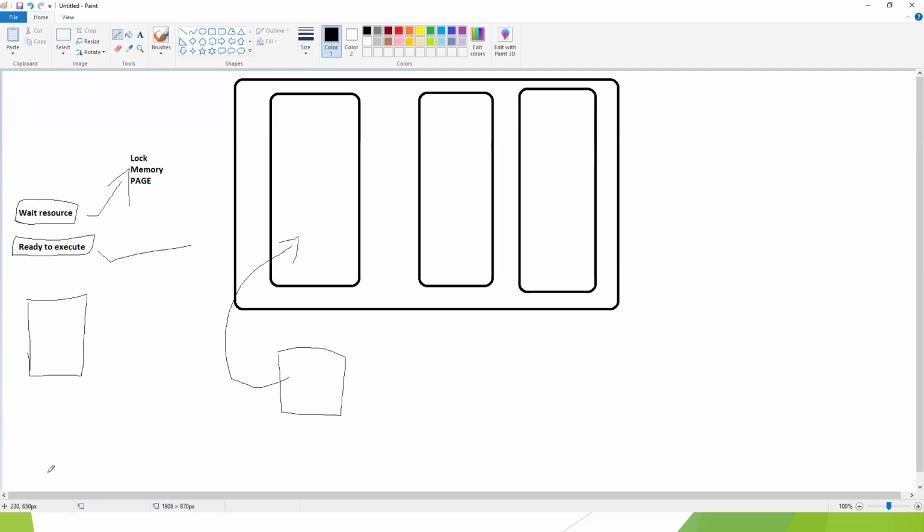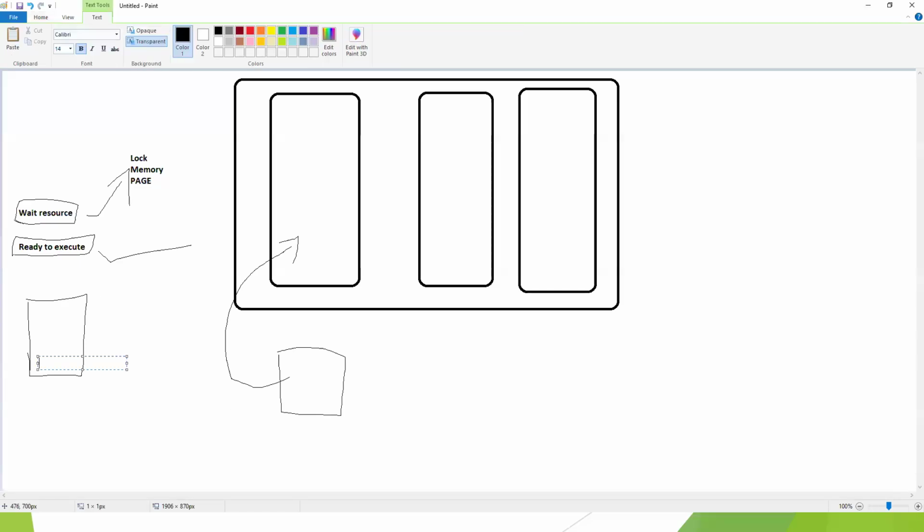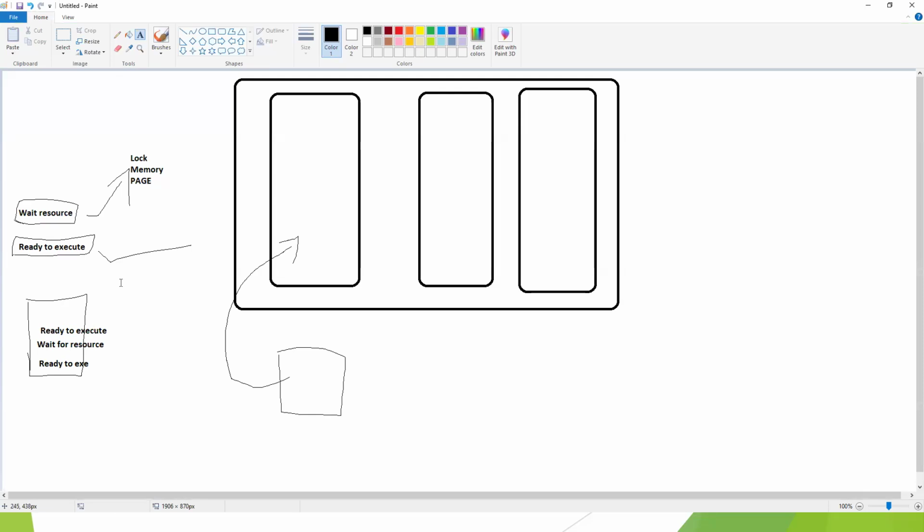As I said, it should be first in, first out. What if the ready-to-execute thread is in the same queue as the thread waiting for a resource, and another ready thread as well? What if all three are in the same queue? Now let's say a thread is coming out of the CPU and giving a signal to the next thread. Whatever thread is in the queue will go ahead and execute.